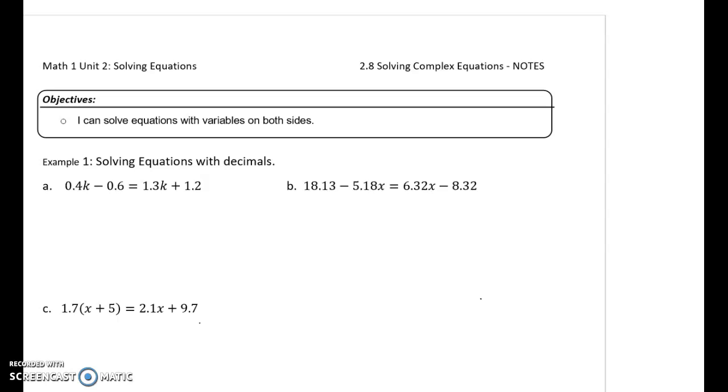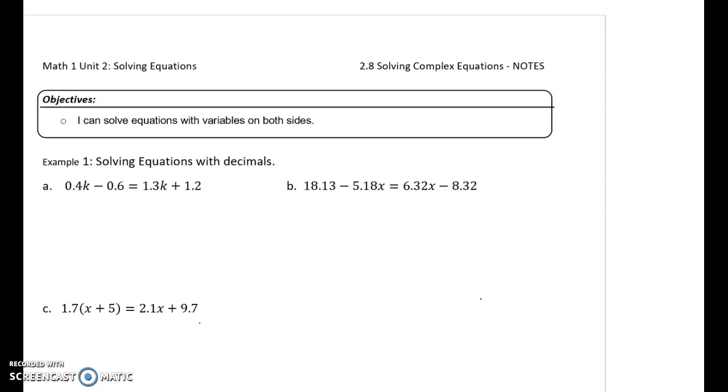What you're going to multiply by is always going to be some factor of 10, like 10 or 100 or 1,000. And that really all depends on how many decimal places each of your values has.